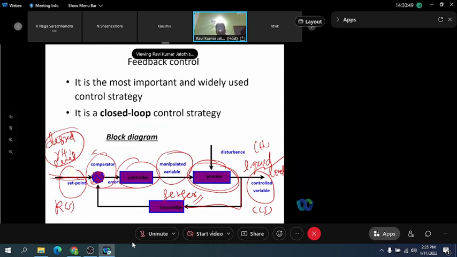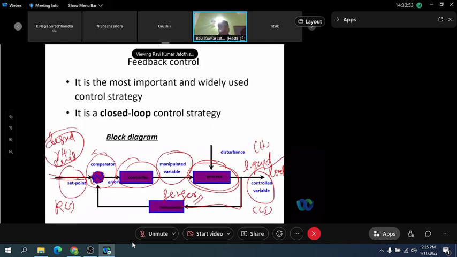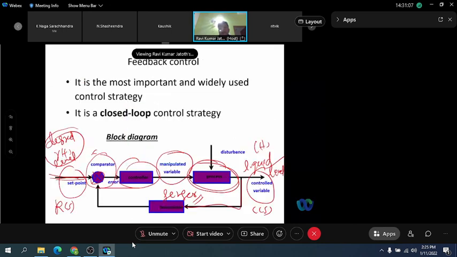So what do you mean by manipulated variable here? To maintain the liquid level at a constant level, we are opening or closing the valve that controls the outflow. So the outflow rate is called the manipulated variable here.